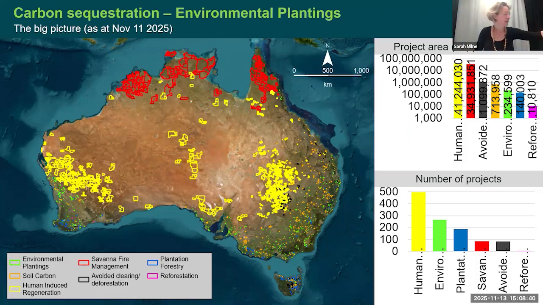But really what we're talking about is the polygons in bright green that are scattered throughout our agricultural landscape. And that's what we're talking about is environmental plantings. So they're not necessarily the largest in terms of area, but they are quite numerous, the second most numerous projects across the country.